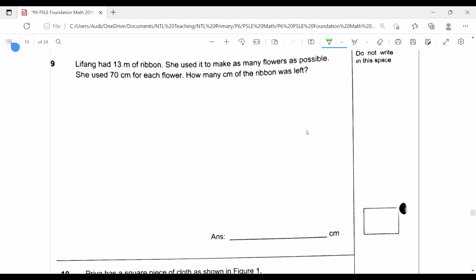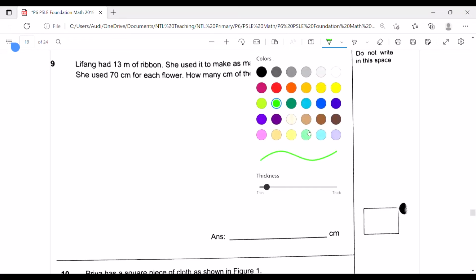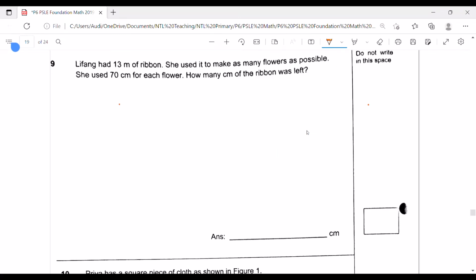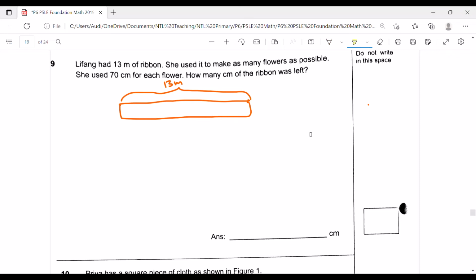Question number 9. Li Fang had 13 meters. So we're going to draw 13 meters. Everything is 13 meters. She used it to make as many flowers as possible. She used 70 cm for each flower. Now, notice they try to trick you. This is in meters, but this is in cm.